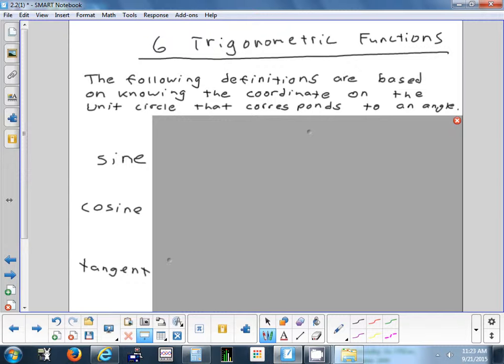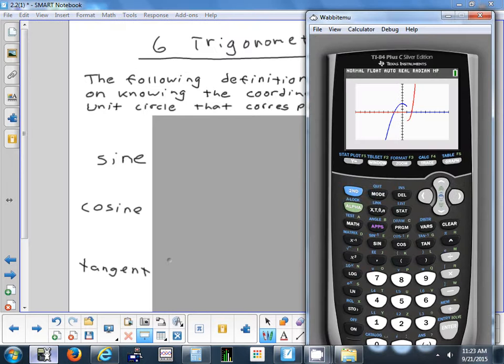These are the 3 that we use the most often. If you have a calculator, you'll see buttons for those. Sine is abbreviated SIN. Cosine, COS. Tangent, TAN. I'll use these abbreviations from now on.